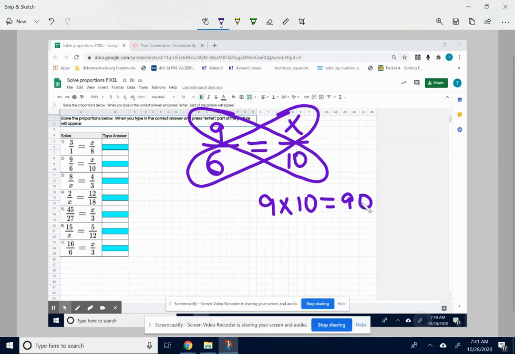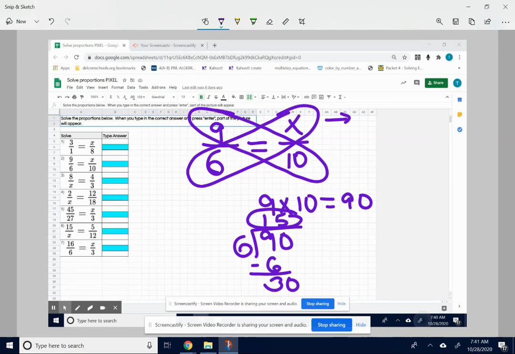So I'm going to take that 90 and divide it by the 6. I can't do that in my head, so I'm going to write this out the long way. 6 goes into 9 once. Subtract, get 3, bring down the 0. 6 goes into 30 5 times. So it's got to be 15.